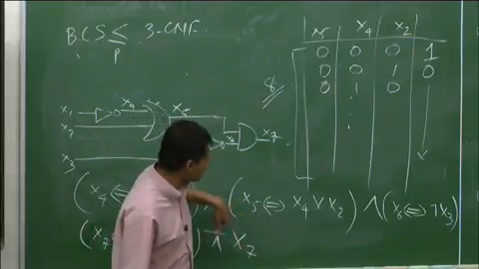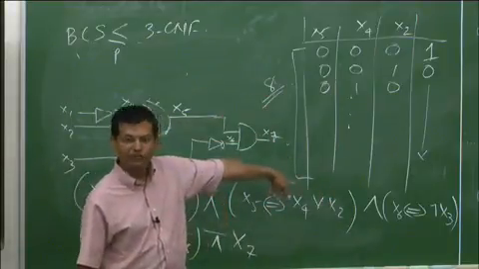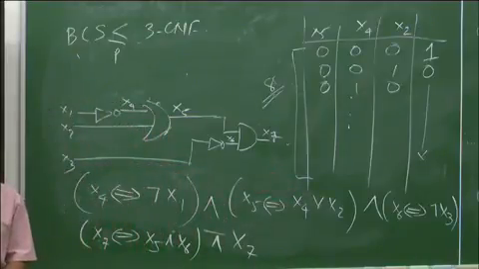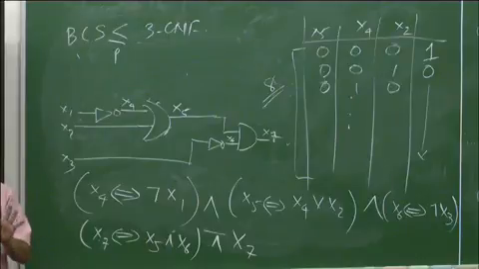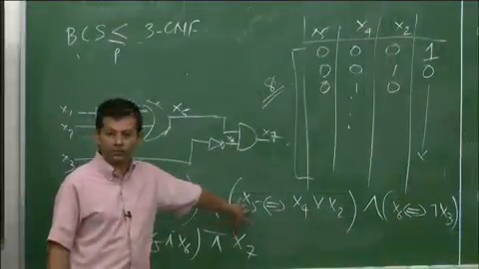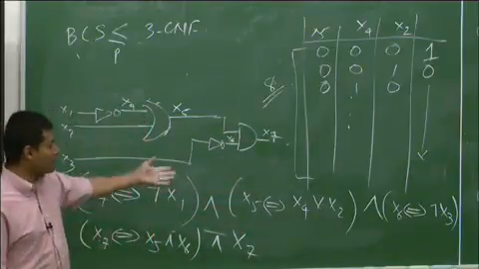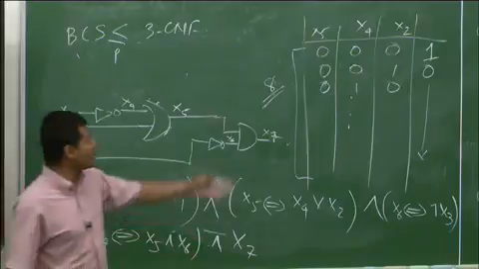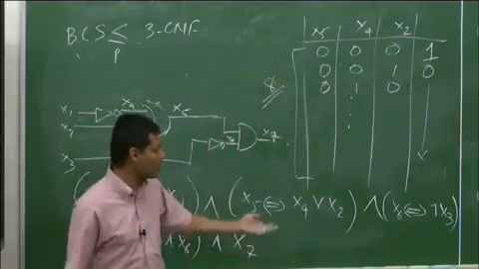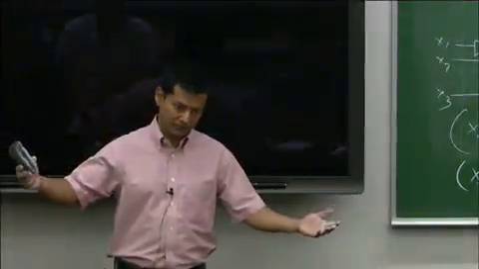Now, your question might be that when I open this up using a 3CNF, it might have more than some number of clauses. All you need to do is give me a constant bound. How many clauses at most? I can immediately tell you at most 8 clauses. You see, there are only 8 rows. There are at most 8 clauses per clause here. So you just multiplied it with a constant, which remains polynomial in size.